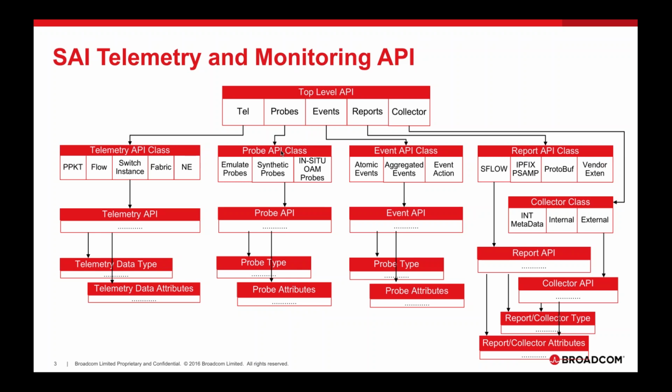That's the probe, and you can do it two ways. Either you can go through the in situ IOAM way, where it supports Geneve and VXLAN GPE, or you can create synthetic probes, which is whatever your format. And there's a proposal we have on that too, on the probe headers.